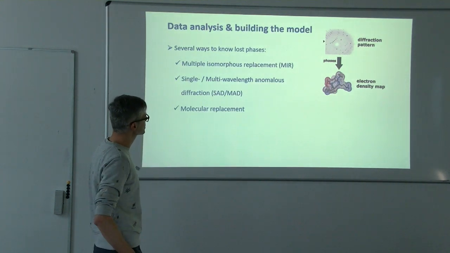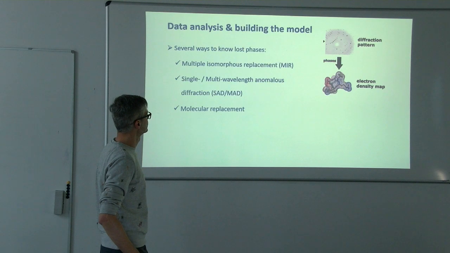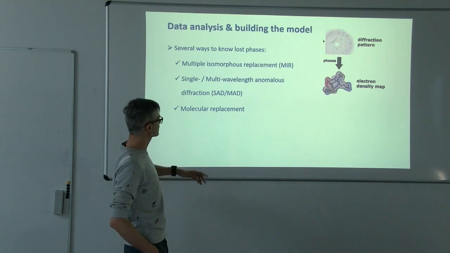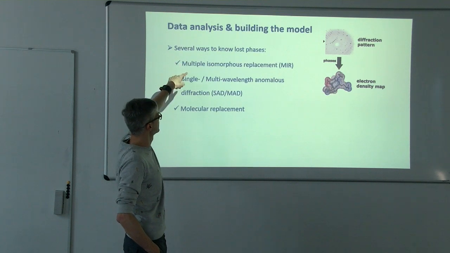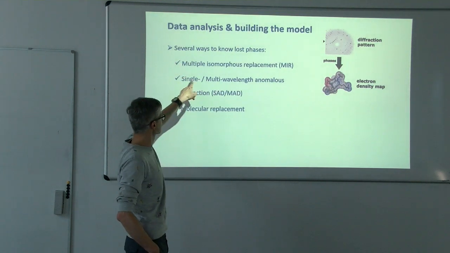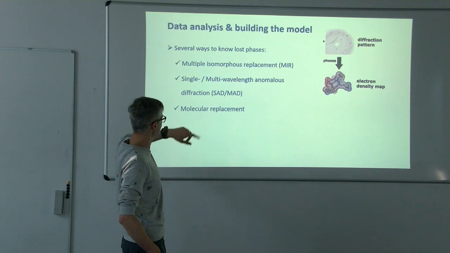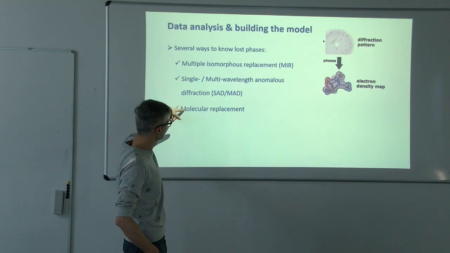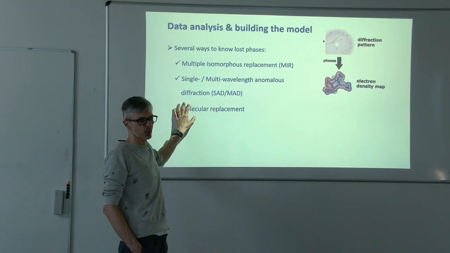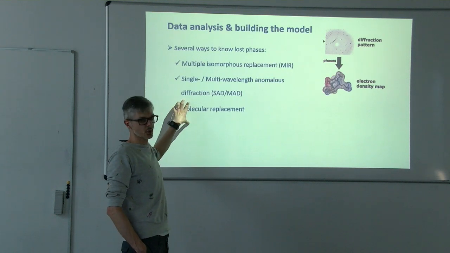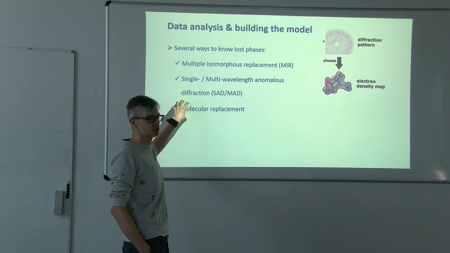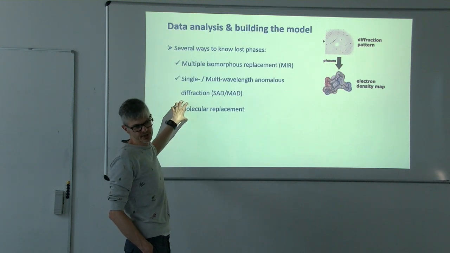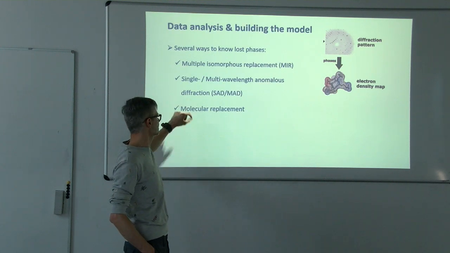And there are three ways you can try to know the lost phase: multiple isomorphous replacement, single or multi-wavelength anomalous diffraction, and then molecular replacement. Molecular replacement is the easiest one. It means there's already another structure available that you can use to build the new structure, so using a homologous protein structure.